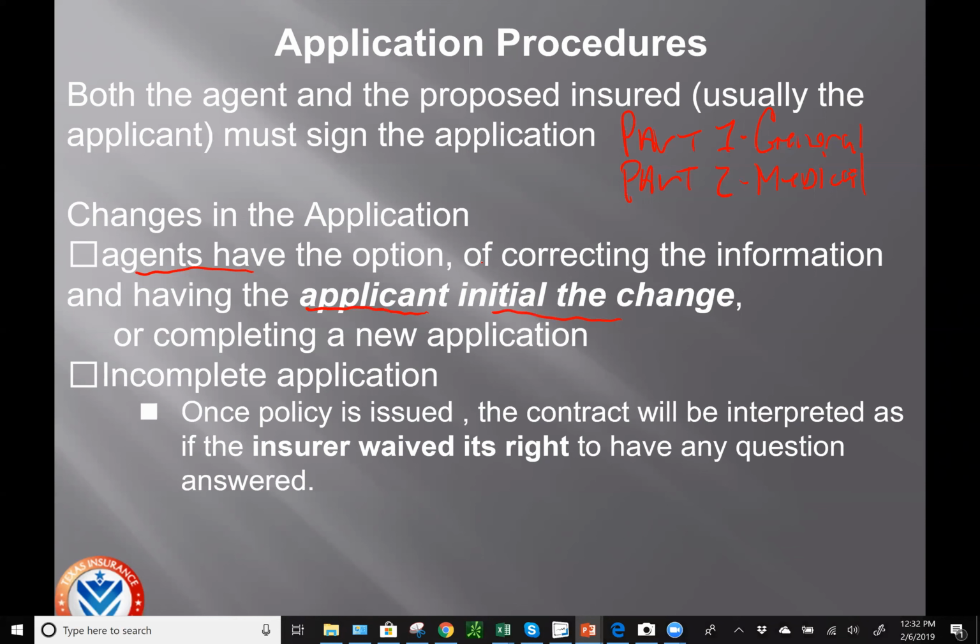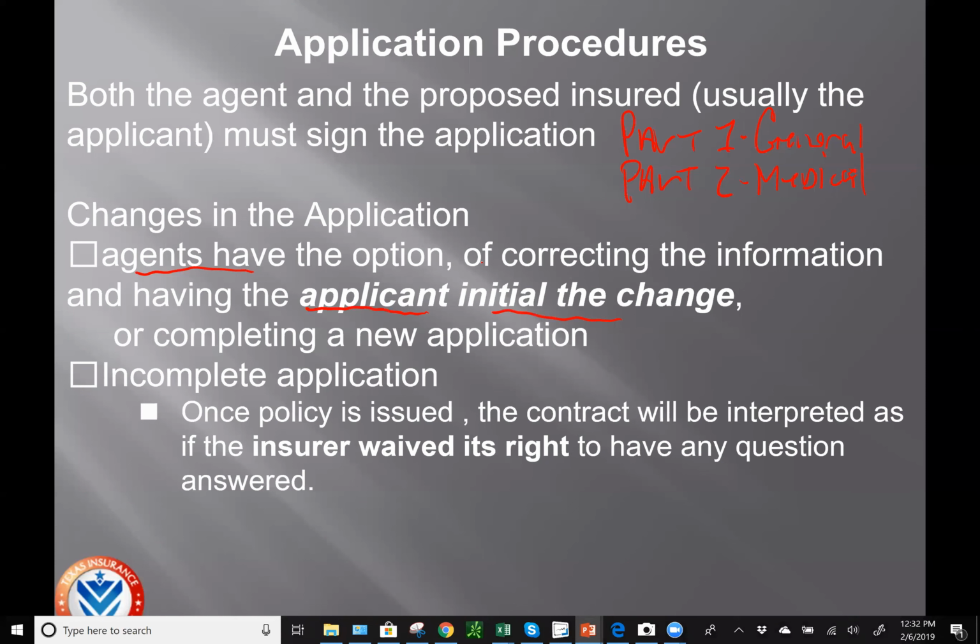answer the question. All right, your second scenario would be that the application gets turned into the insurance company and the company does not notice that the question isn't answered and they issue the policy. And let's say I got killed in a car wreck the next day. Well, they can't come back and go, hey, wait a minute, we noticed this unanswered question on the application.